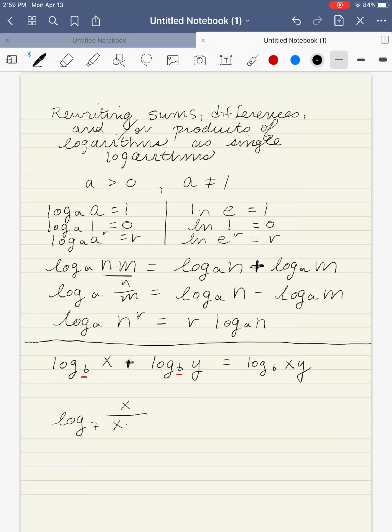You try this one. Logarithm base 7 of x divided by x minus 3. And keep in mind on this one, be very careful that this whole denominator is a single term, so it has to stay together. You try this one.